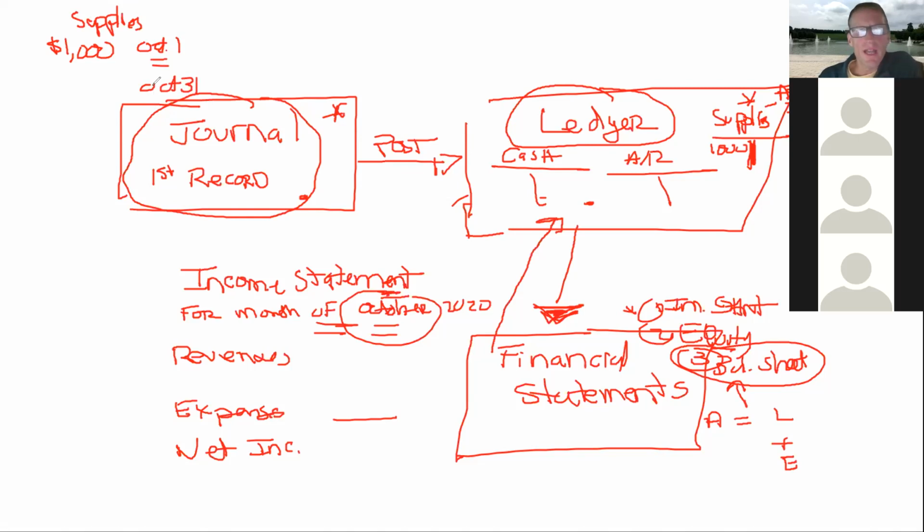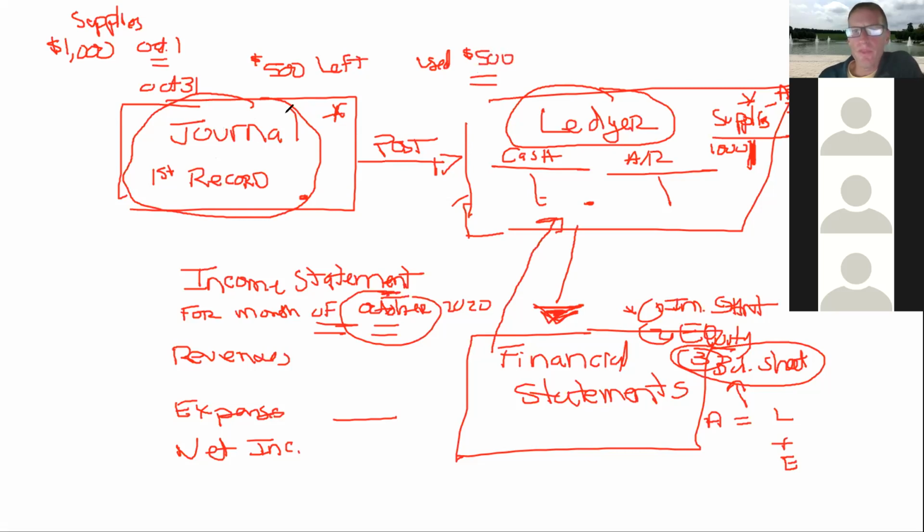What if we said after October 31st, we counted the supplies cabinet and there's $500 of supplies left. So that would mean, if we start with 1,000 and there's 500 left, that we used $500 of supplies.